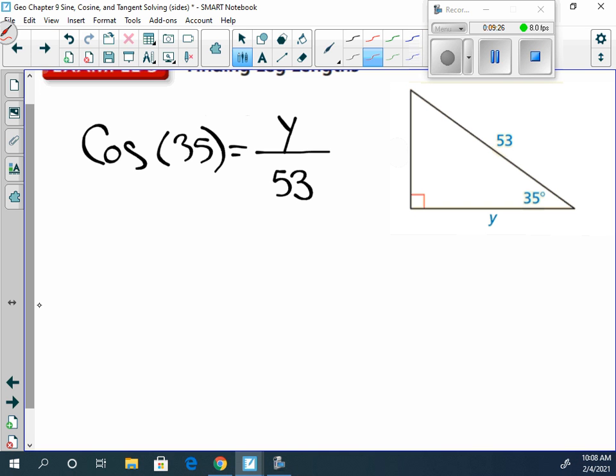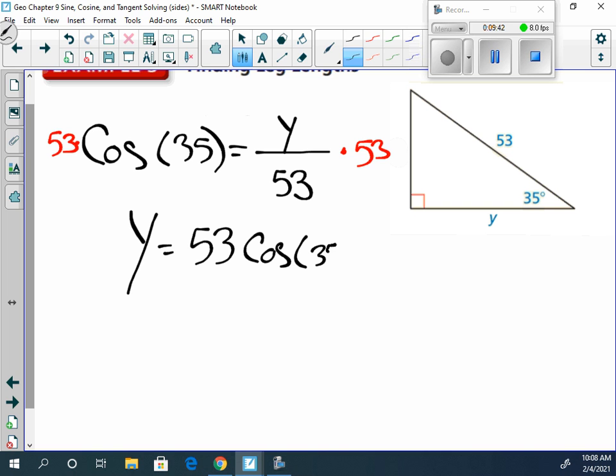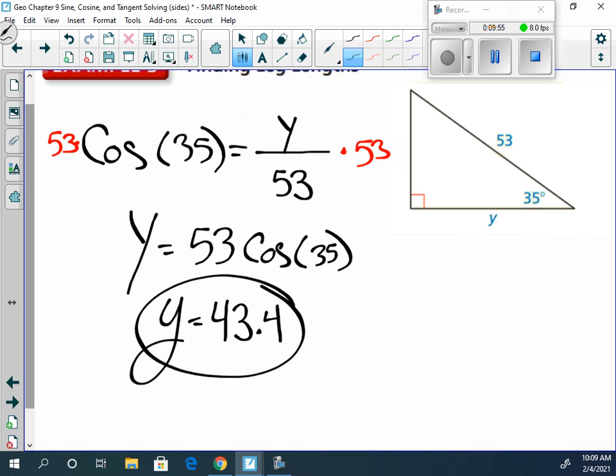And to solve for this here, we would multiply both sides by 53, which tells us y is equal to 53 cosine of 35. 43.4, yes. And that's it. That's all we have to do for this here.